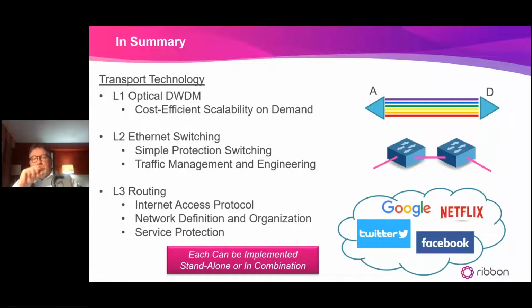Okay, so we've kind of touched on the three technologies and why you would use them. Again, keep that cost in mind, right? It's always about cost. And then, of course, what do you need done? And is there a cheaper way to do it? So in summary here, layer 1 DWDM technology, the thing I'd like you to take away is very cost efficient, massively scalable on demand.